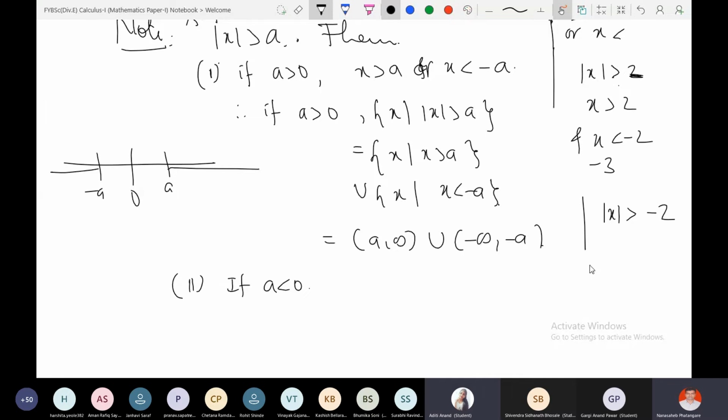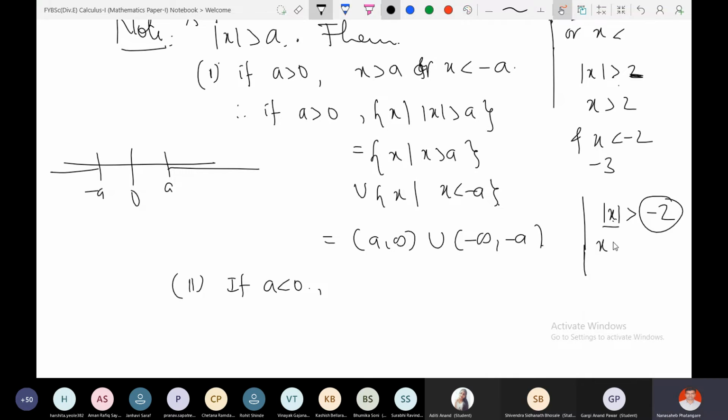Absolute value cannot be negative. What are the x for which this condition holds? When I say absolute value of x is greater than -2.